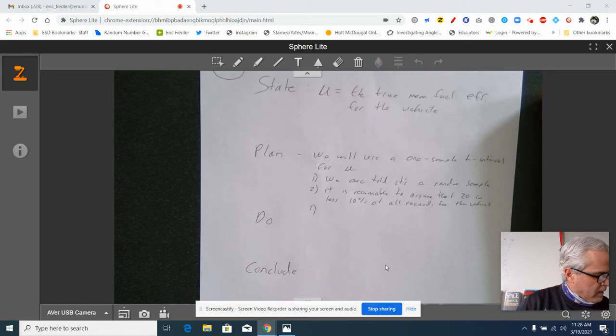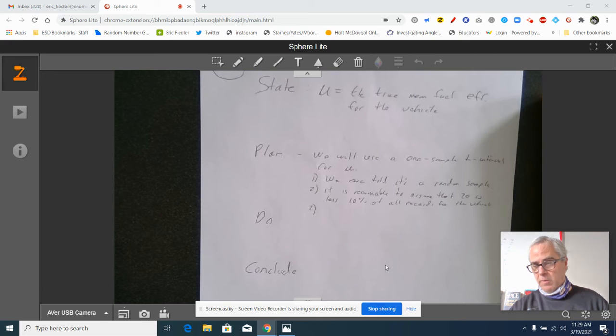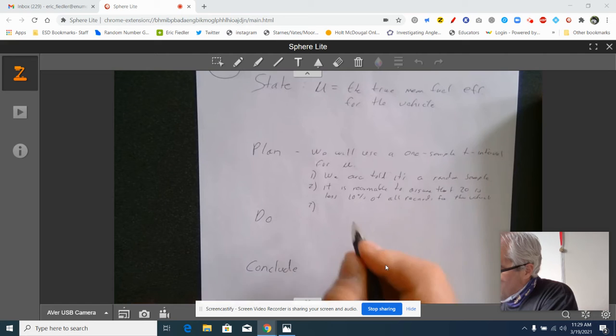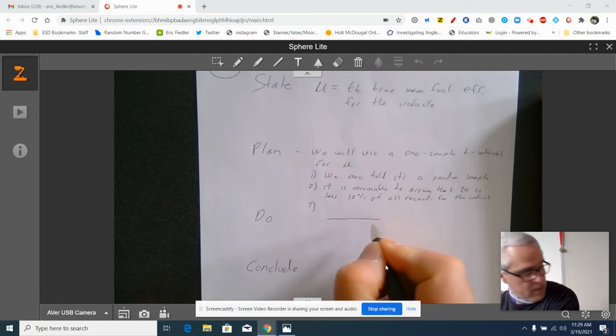Now number 3. In number 3, if you notice, the number is 20. That's not our magic number of 30. If it was 30 or more, we could assume this will be approximately normal based on the central limit theorem. But since it's 20, you have to look at the picture of the graph. I'm looking at the answer book. They happen to do a histogram, and you need to show this. If it's less than 30, you need to show it.